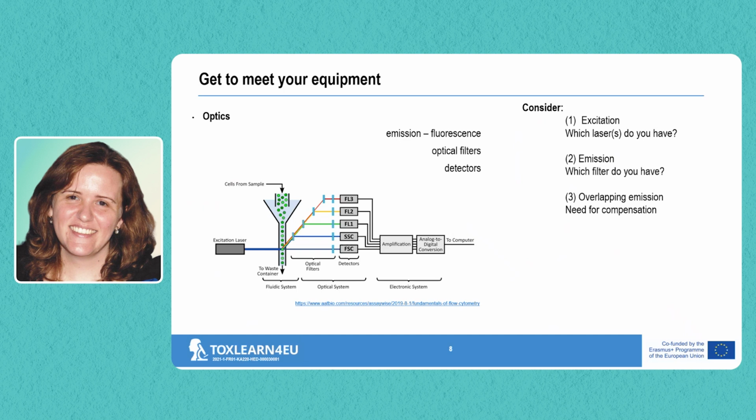So when you work with your cytometer and you are implementing any method, you need to consider which lasers you have, so which molecules you can actually use to excite. Then you need to consider emission, which filters you have. You also need to consider another phenomenon, the possibility of having overlapping emissions.